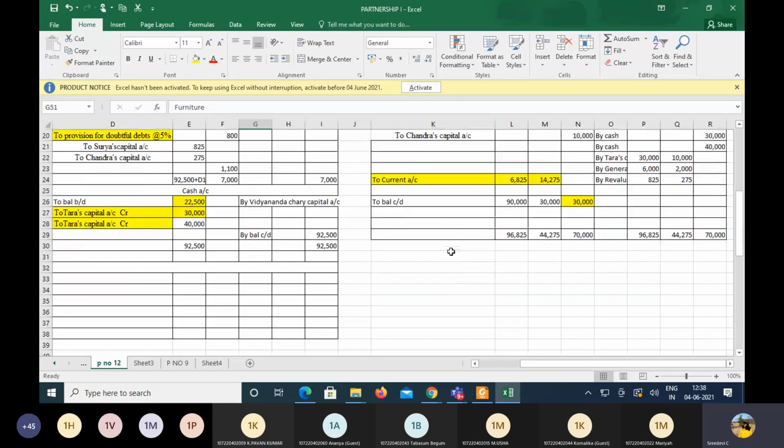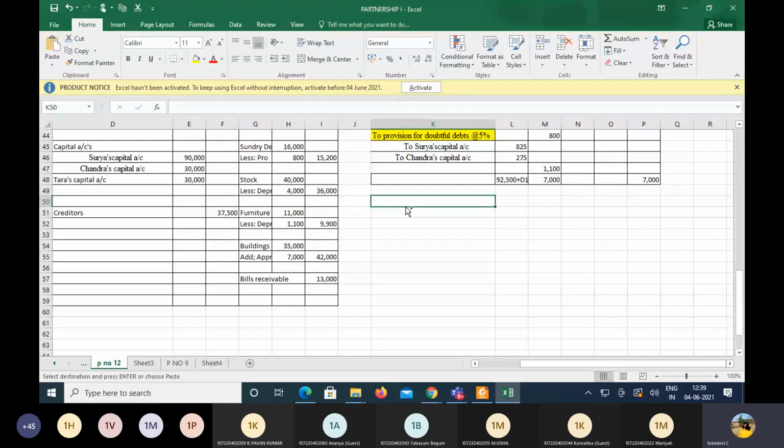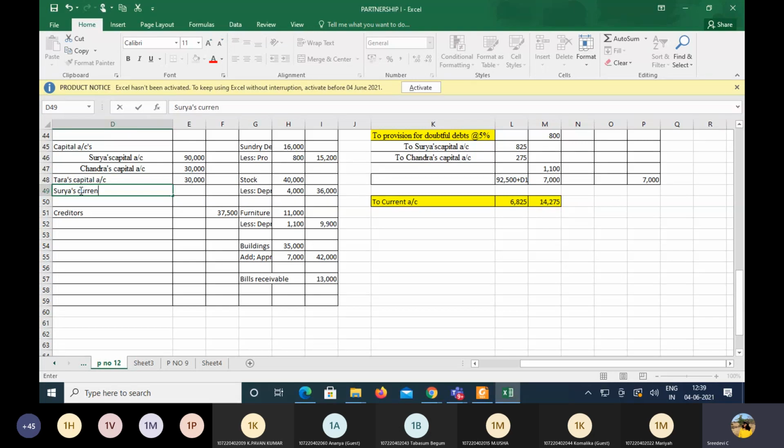Now, apart from this, there are current accounts. Both the current accounts are credit: 6,025 and 14,000. Let me take this. Surya's current account 6,825.